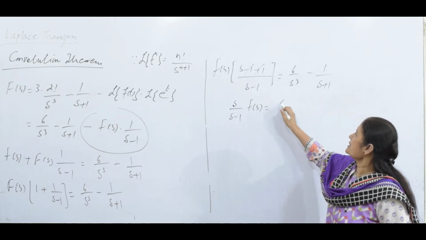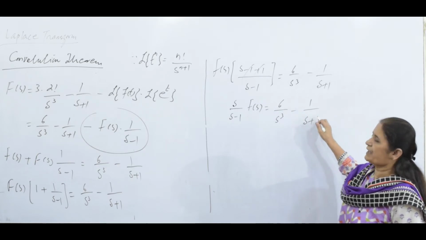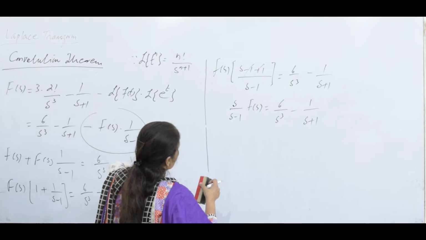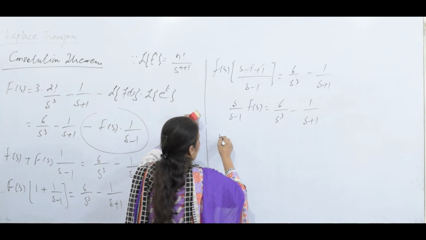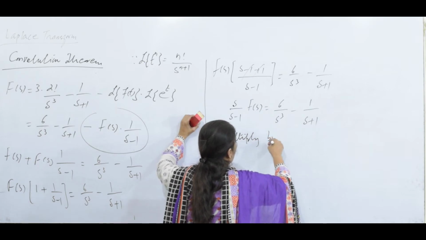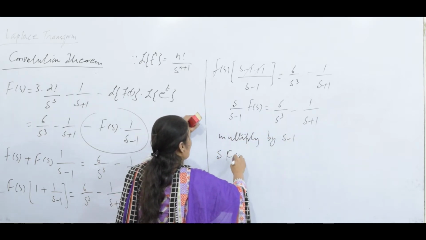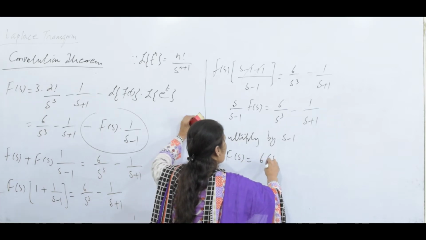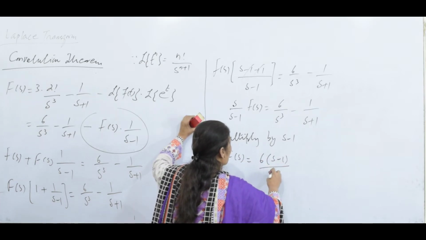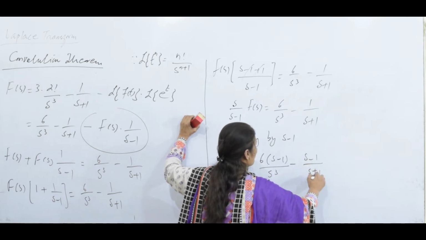F of s is 6 over s cube minus 1 over s plus 1. Now multiplying by s minus 1, multiply by s minus 1 throughout. We are left with f of s is 6 s minus 1 over s cube minus s plus 1.